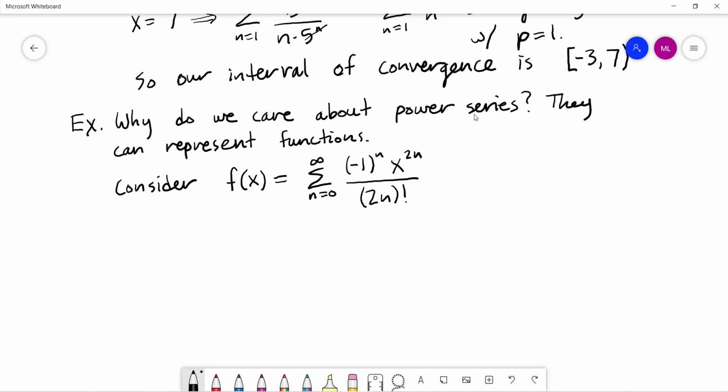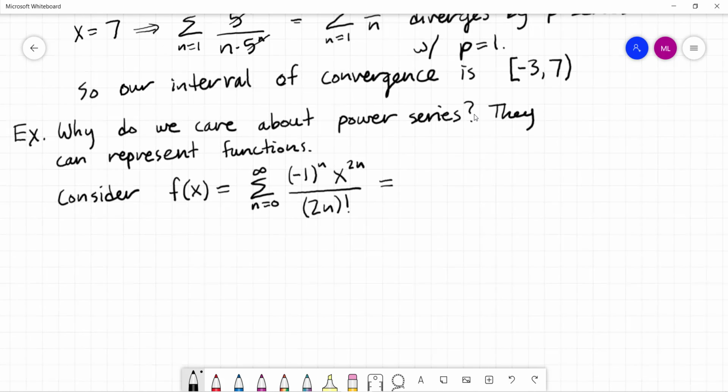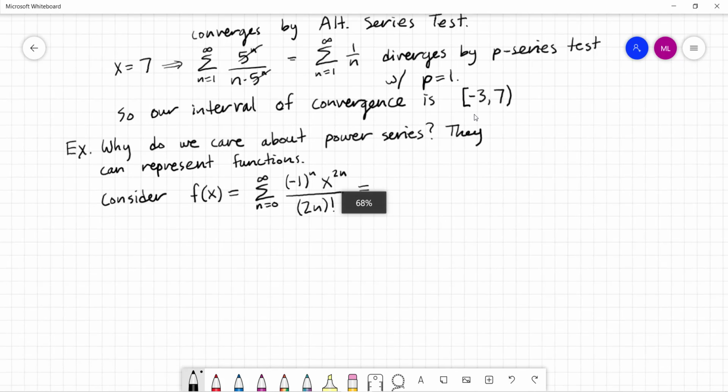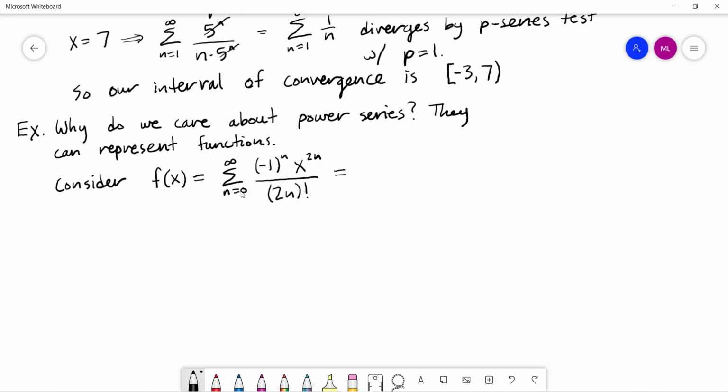So here's the function. If we write out the first few terms of this, when I plug in n equals 0, what are we going to get? I'd get -1 to the 0, which is +1, x to the 0, +1, over 0 factorial. 0 factorial, by definition, is also 1.